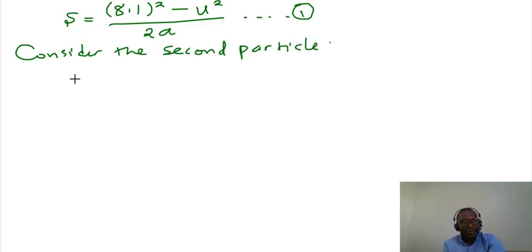Then we have to consider the second particle. Still in the same vein, we are going to use v squared equals u squared plus 2as.